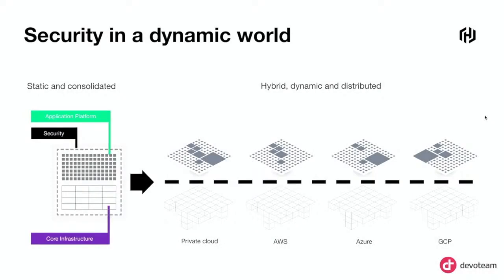So let's speak about how the static environment will be advanced when you go to multi-cloud or hybrid cloud. Usually you had some core infrastructure, some security around it, and some application where you say, hey, this is my authentication, and that's it, all right? It was very easy to understand and very easy to operate because it was one server with application and so on.